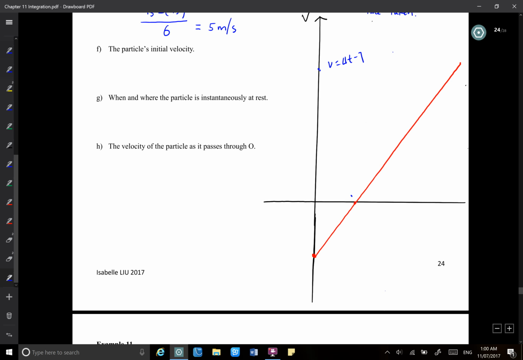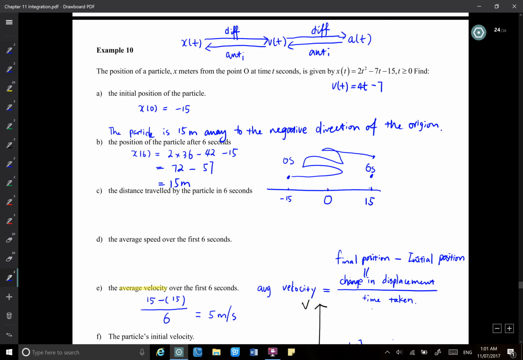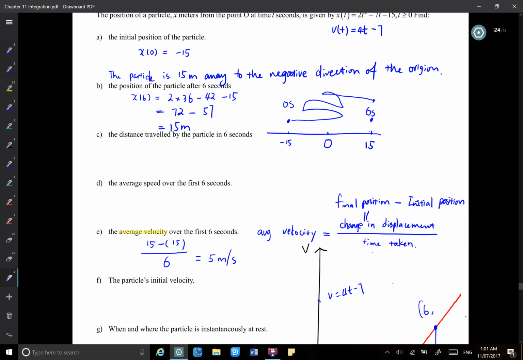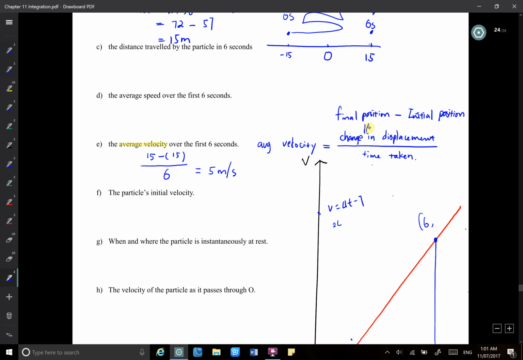Okay, this is the graph, and the point 6 is here. It intersects here. This point is 7/4, comma 0. This is 0, minus 7. And this point is 6, comma, 4 times 6 is 24, 24 minus 7 is 17.